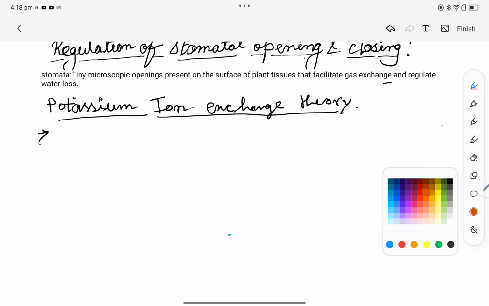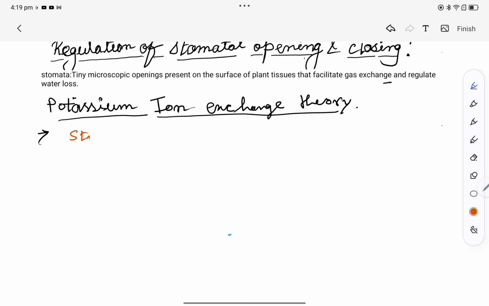During daytime, in presence of sunlight, starch is converted into malic acid. Starch is converted into malic acid. Now malic acid is a weak acid.